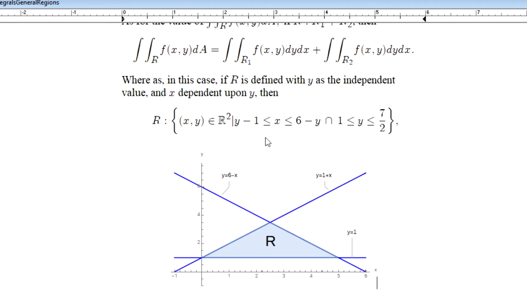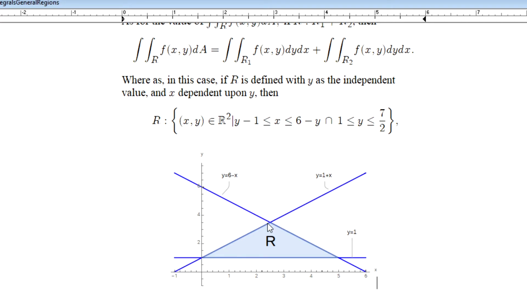If I consider defining R in this manner, first thing we would note is that y is varying between these constant bounds here, starting at 1 and at an upper bound of 7/2. Now 7/2 is 3.5. It marks this location, right, where the graph of y equals 6 minus x intersects the graph of y equals 1 plus x.